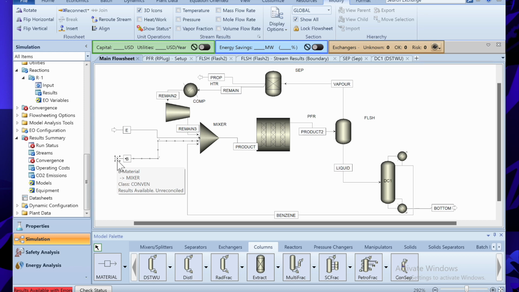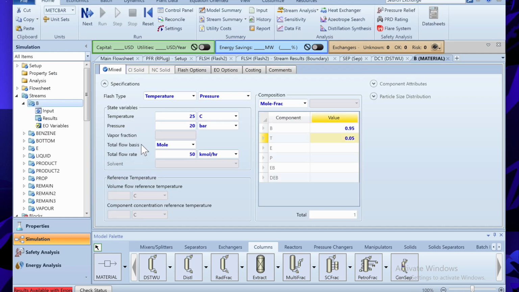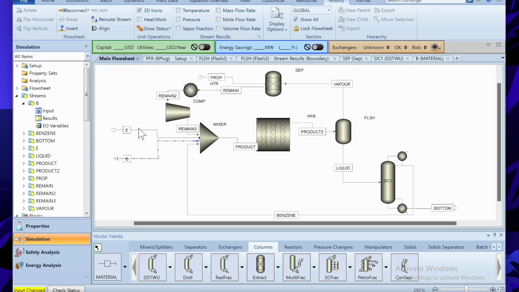Okay, for that I have already checked it from the literature. So you can take the flow rate of the benzene as 70, and for this ethylene you can take the flow rate as 80.